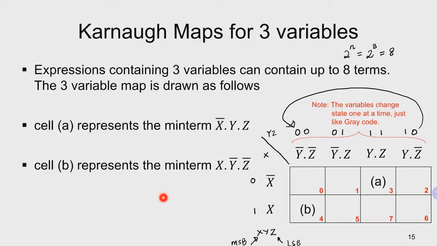So for cell A, the minterm is x bar, y, z, and that's the minterm for this cell.